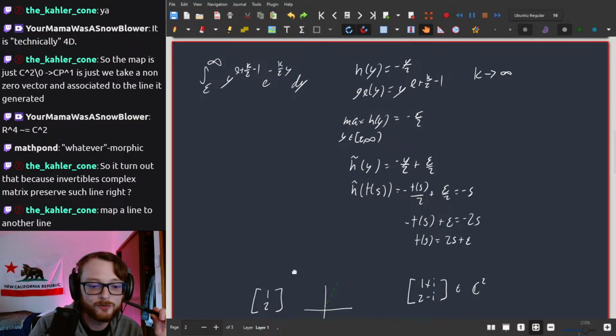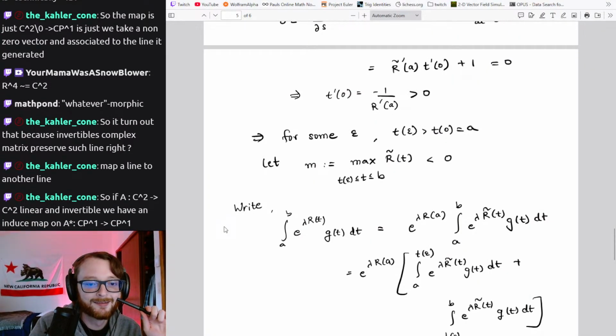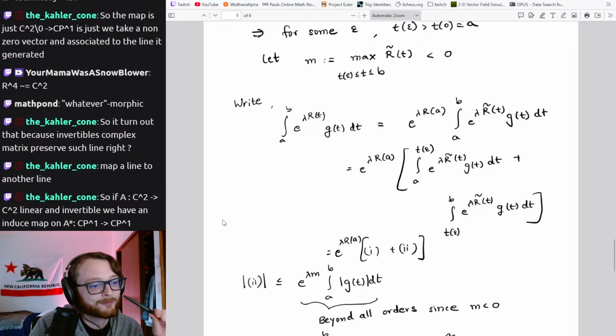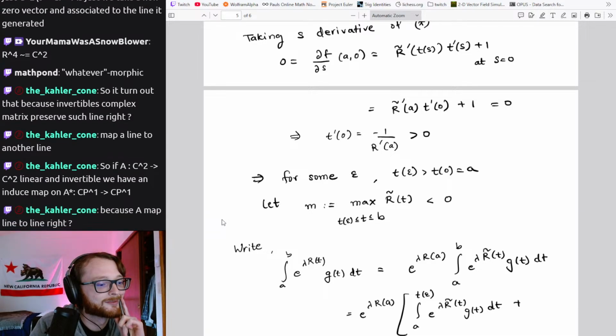Dude, I still don't know what to do with this change of variables. If A: C2 to C2 is linear and invertible, we have an induced map A star on CP1 to CP1. Because A maps lines to lines. I guess so. Yeah.